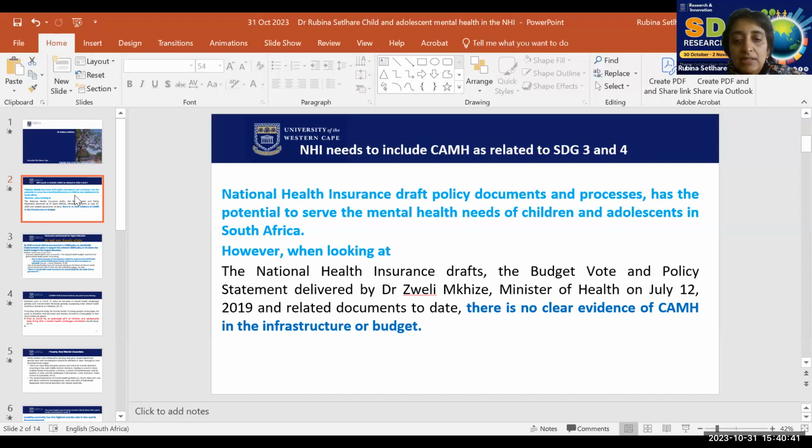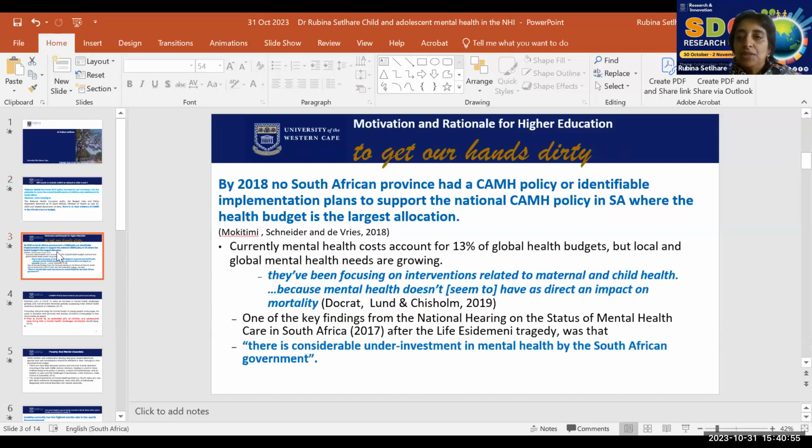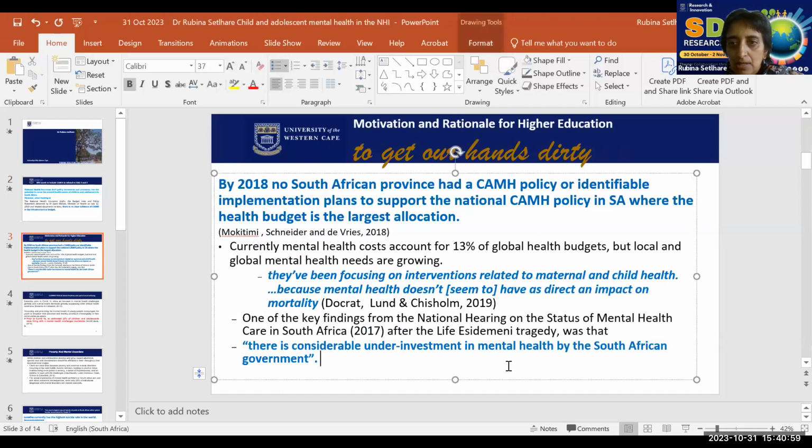And to date, there is no clear evidence of a budget or an infrastructure for taking care of the mental health needs of our children and adolescents in South Africa. And that is of concern to me.